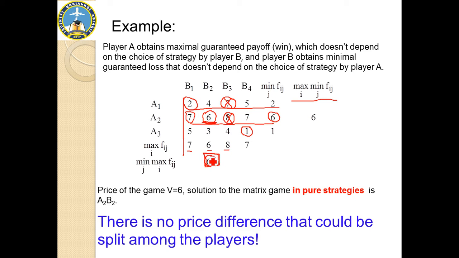It means one player, for example player A, wins 6 of something, and player B loses 6 of something, for example $6. And there is no price difference that could be split among the players. So it's a single solution, a single combination of strategies, which brings us to the solution of this particular matrix game.